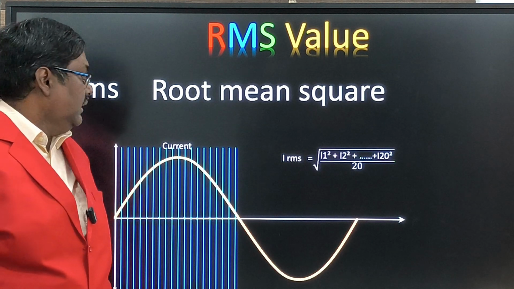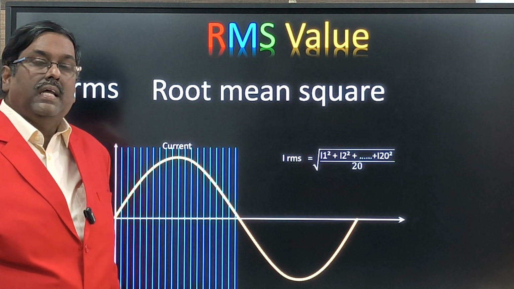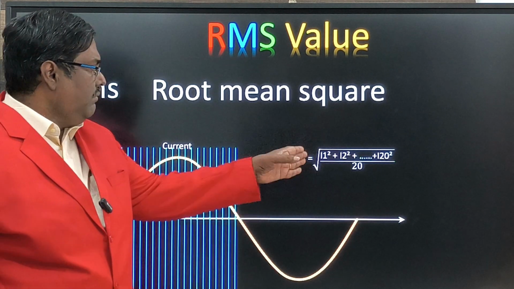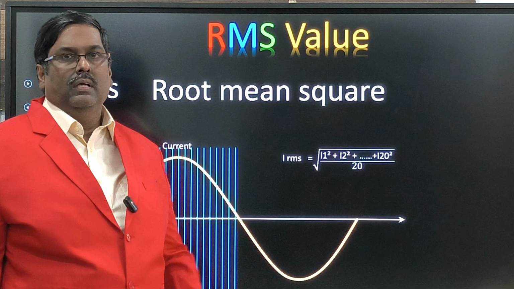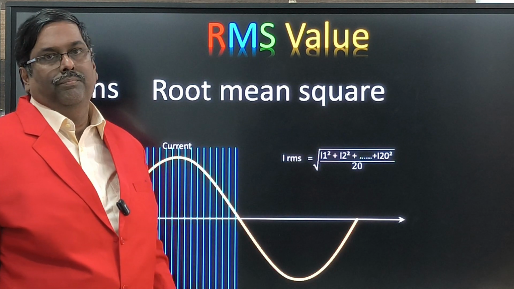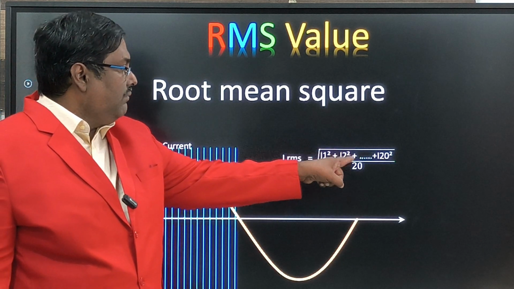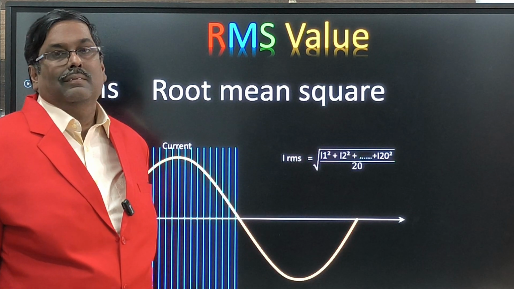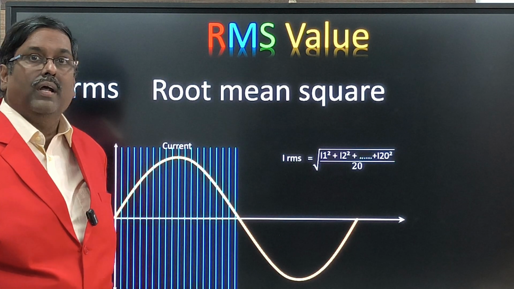Why do we square? I just told you, the power is directly proportional to I square or V square. If it is V, then V1 square, V2 square, V3 square. If it is I, it is I1 square, I2 square, I3 square. But the division is the same. After the average, why do we take a square root? Because we made it I square, the value will be in the square range.